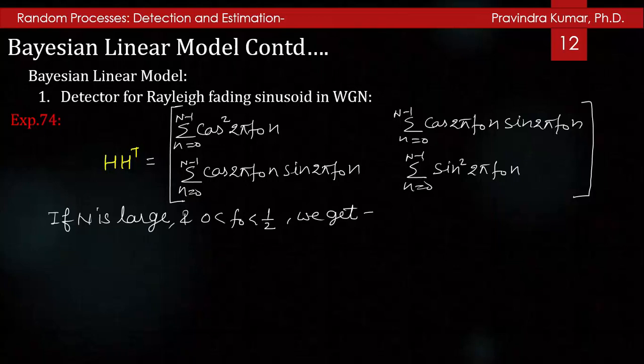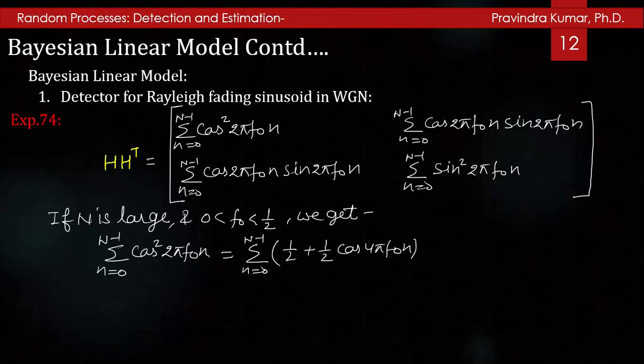If N is large and f is between 0 and 1 by 2, then summation of cos square 2 pi f naught n equals summation of 1 by 2 plus 1 by 2 cos 4 pi f naught n, which is approximately N by 2.